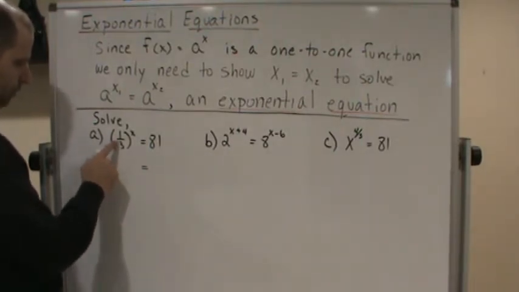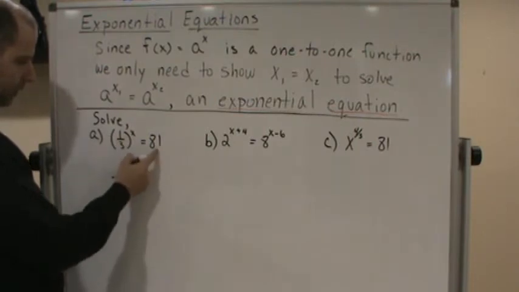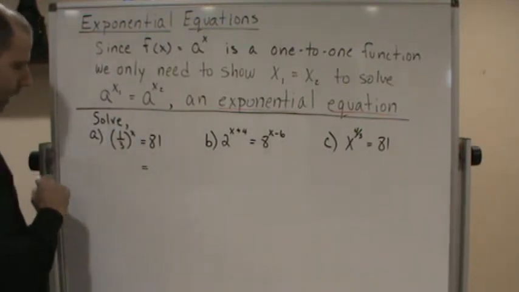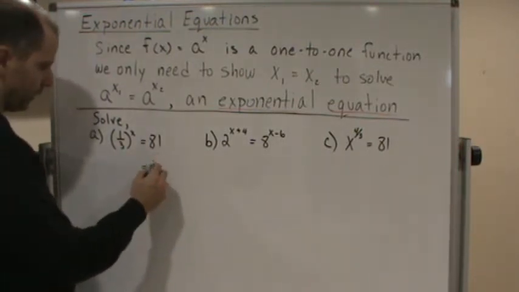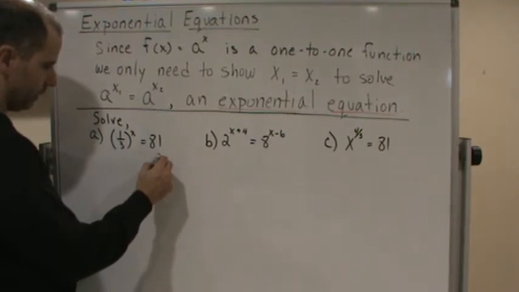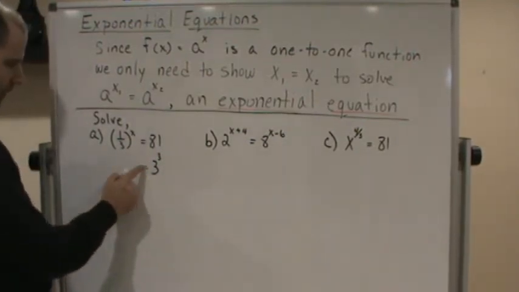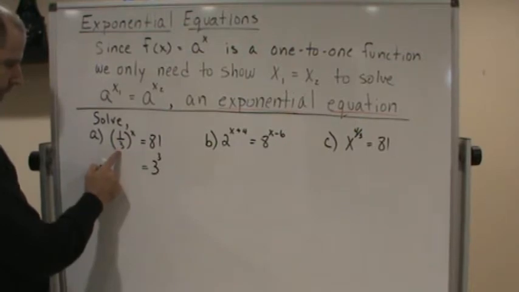Well, there's no multiple or power of 1/3 that's going to give me this. But I notice that this can be written as 3 cubed. So now I've got a 3 for a base here, and a 1/3 for a base here.